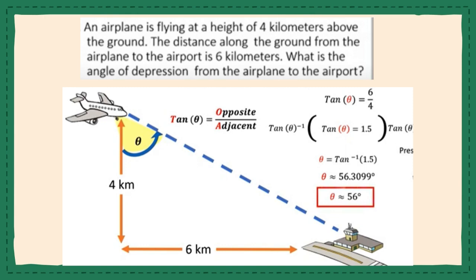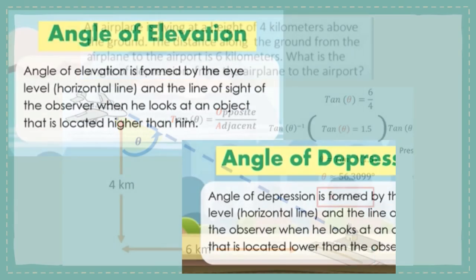So tangent theta is equal to 6 over 4, since 6 is our opposite and 4 is our adjacent. Tangent theta is 6 divided by 4, that is 1.5. And theta is the inverse tangent of 1.5 using your calculator, which is approximately 56 degrees. So our angle is 56 degrees.